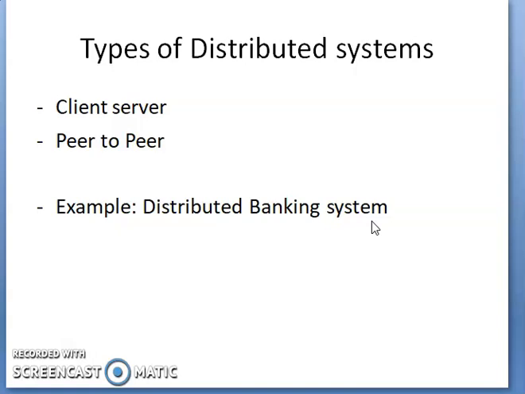The Chennai branch is going to request my data from the Delhi branch, because they don't know about me, but they can find out about me from the Delhi branch, and therefore they will give me the money when I request. So this is an example of a distributed database system. Similarly, in distributed operating systems, one machine can request the other machine to perform an operation on its behalf. That is the guiding principle behind the distributed systems.